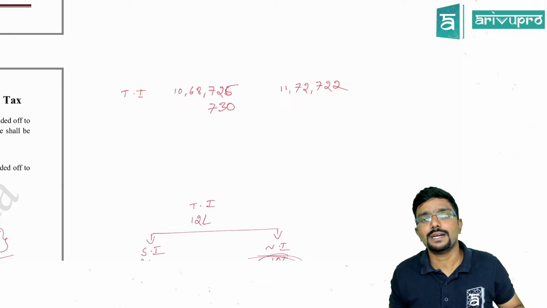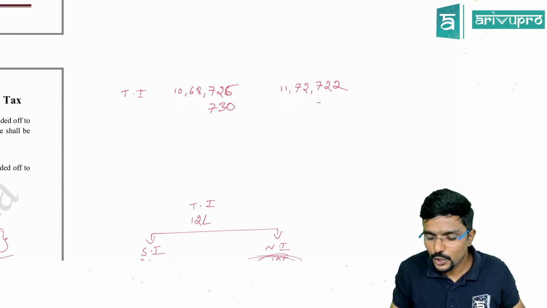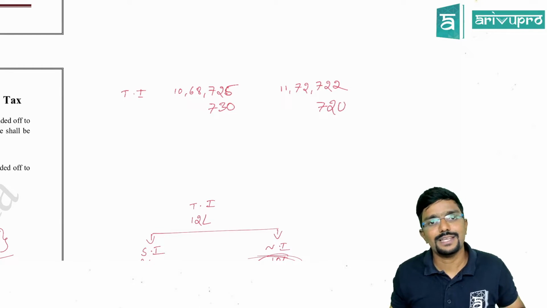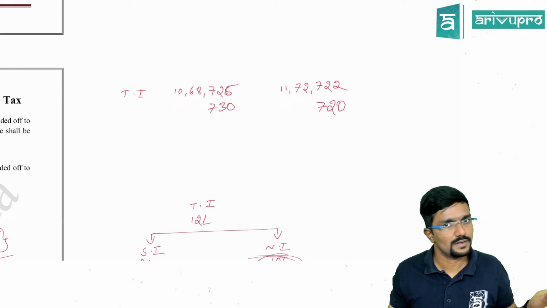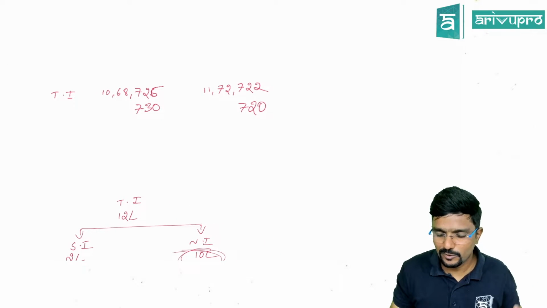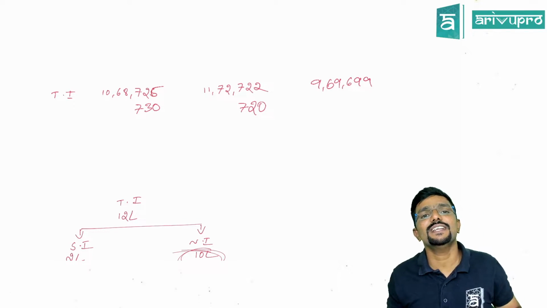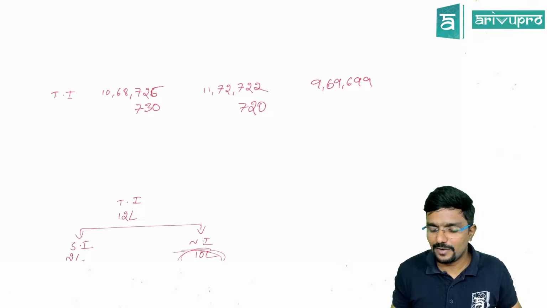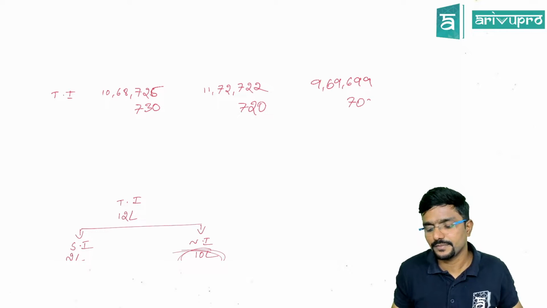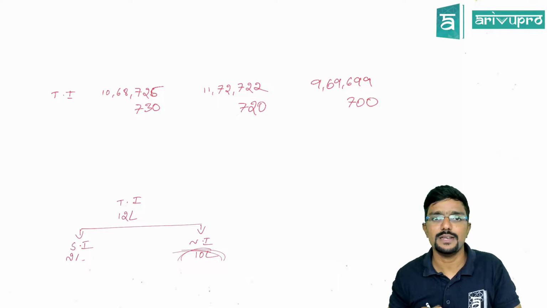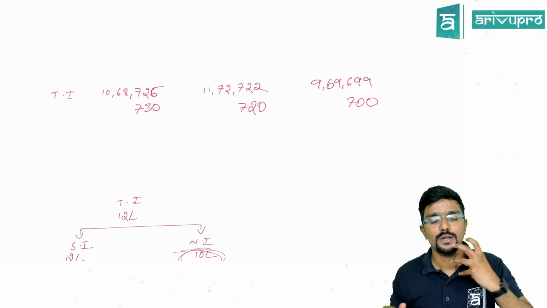In that case, I will round it off to 720. Less than 5 means the previous 10. Clear? Let me take one more figure quickly: 9,69,699. In that case, I will round it off to 700. Hope you guys got it.